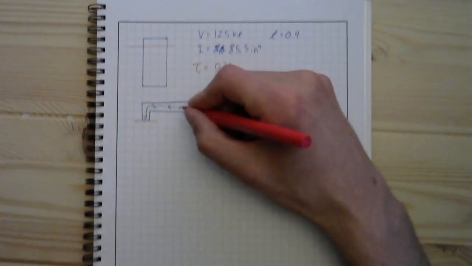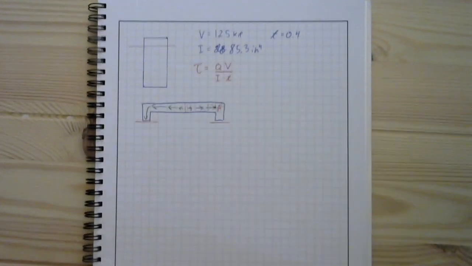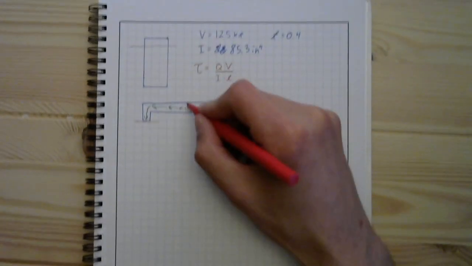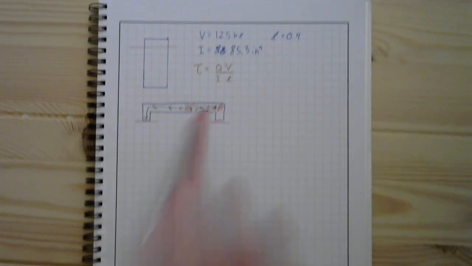It's just going to be this portion. Just this portion. Color it in a little harder. Okay, there we go. It's going to be that.